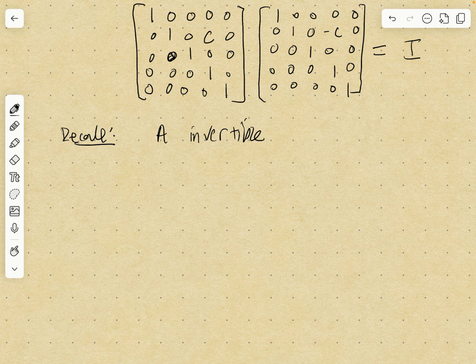What's the reduced row echelon form of an n by n invertible matrix? It's going to be the n by n identity matrix, because you need to have a pivot in every row and column in order for your matrix to be invertible.